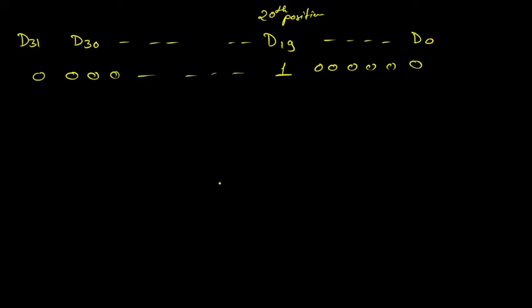Now one way is to decode this particular number in hexadecimal and write it on that particular register, which will be very time taking. Or you can simply use this particular left shift command and tell it that you are going to introduce 1 in the 20th position. That's all.